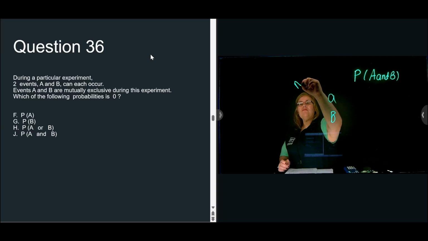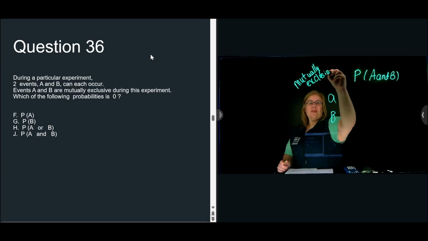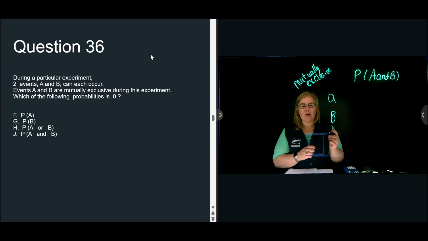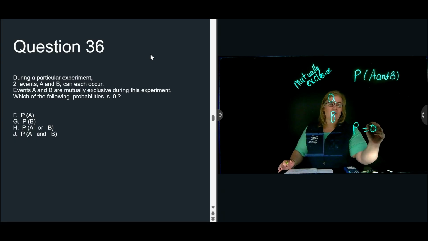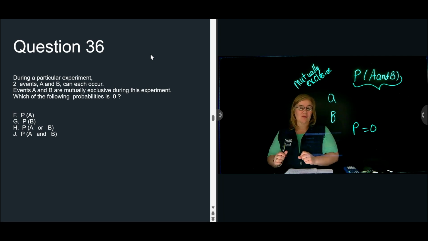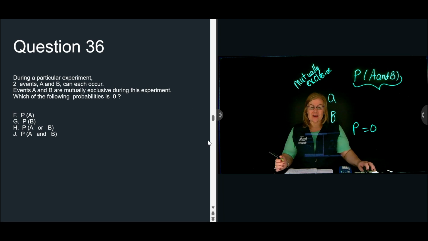But when it says mutually exclusive, they cannot happen together. So what is the probability equaling 0? It's for those two to happen at the exact same time. That's how we answer that portion of that question.